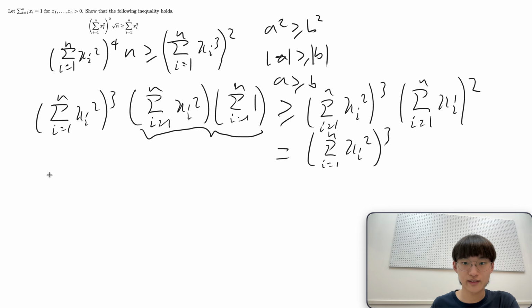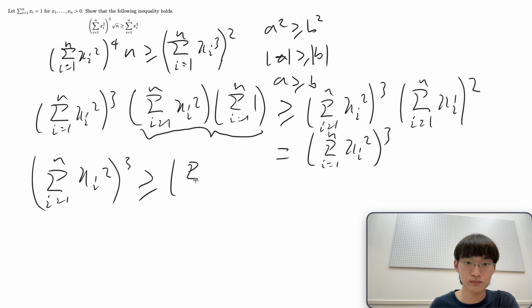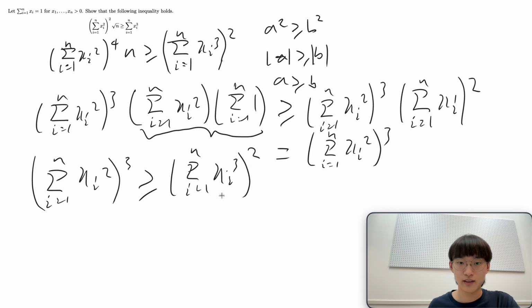Therefore, it suffices to show that the sum over i equals 1 to n cubed is greater than or equal to the sum of x_i cubed, squared. Yes, we just need to show that this inequality holds and we are pretty much done.